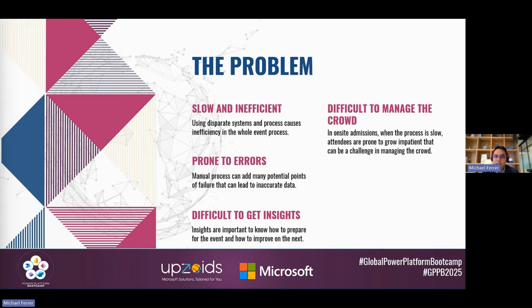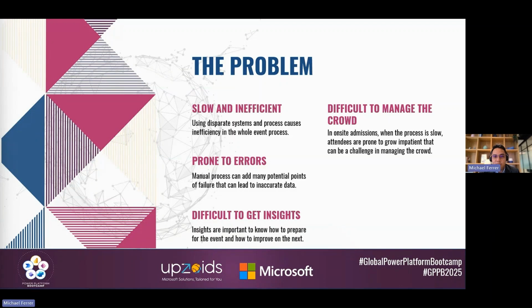And on the event itself, it would be difficult to manage the crowd as well, because in on-site admissions, if the process is slow, like when you're using the paper method, then attendees can grow impatient, and it could be challenging to manage a crowd, especially when there are a lot of attendees going in at the same time.